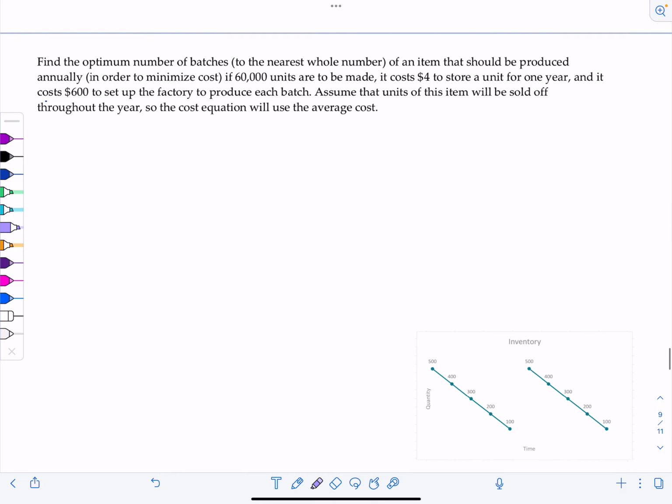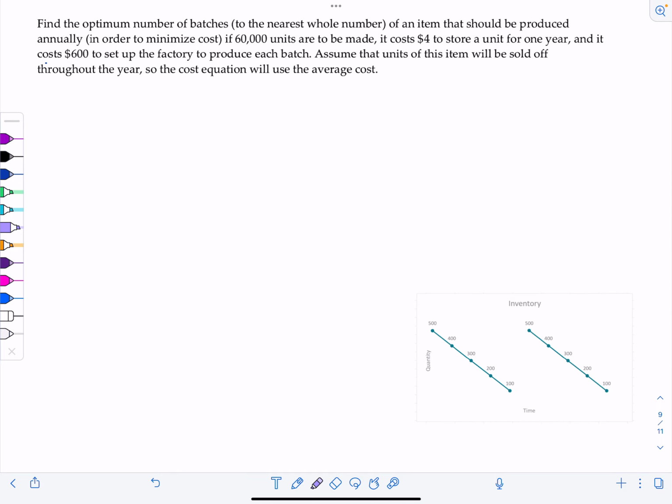Find the optimum number of batches to the nearest whole number of an item that should be produced annually in order to minimize cost, if 60,000 units are to be made, and it costs $4 to store a unit for 1 year, and it costs $600 to set up the factory to produce each batch. Assume that the units of this item will be sold off throughout the year, so the cost equation will use the average cost. That's important.